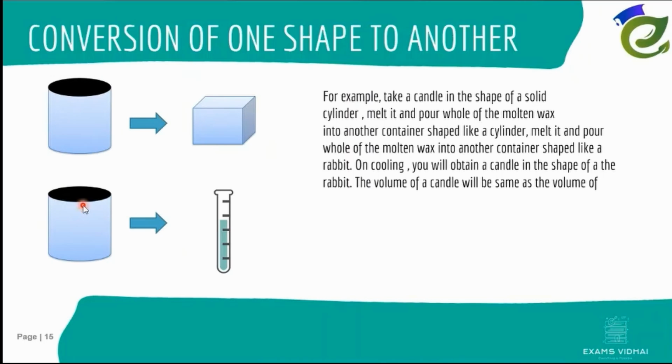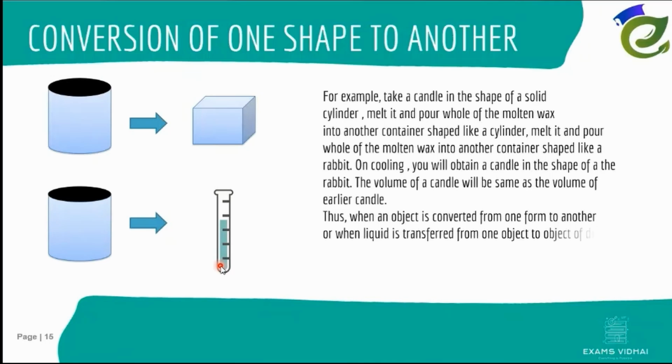Over here, suppose water is in a cylinder and it's put in a tube shaped object, then the water acquires the shape of the tube, which is a combination of a cylinder and a small hemisphere. So we observe that whenever an object is converted from one form to another, or when liquid is transferred from one object to another object of different shape or size, volume remains the same.